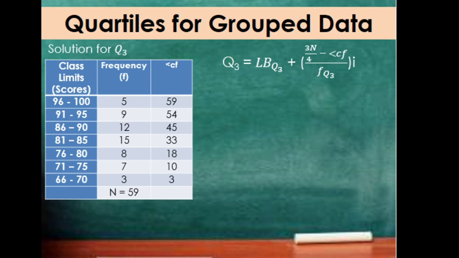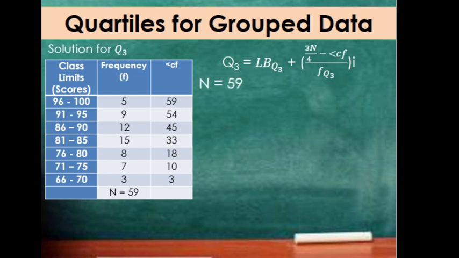So, ang magiging formula natin is Q sub 3 is equal to lower boundary of Q sub 3 plus 3n over 4 minus less than cumulative frequency over frequency of the quartile class times interval. Again, yung mga k kanina, papalitan lang natin ng 3 kasi ang kukunin natin is quartile 3.